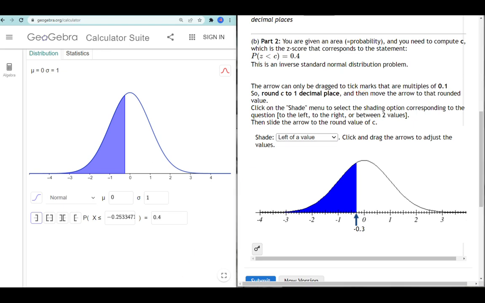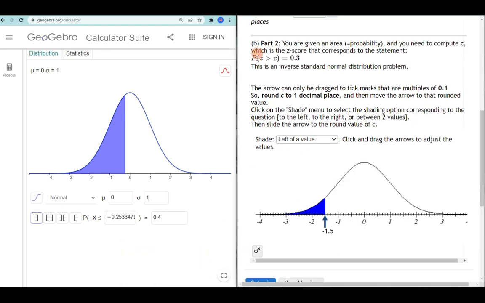Let's do the other example. If now we're asking for the probability that a z-score is greater, or find what value c I need to choose so that the probability of a z-score being greater than that value is equal to 0.3.